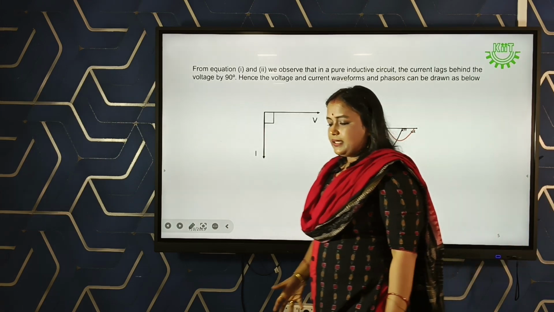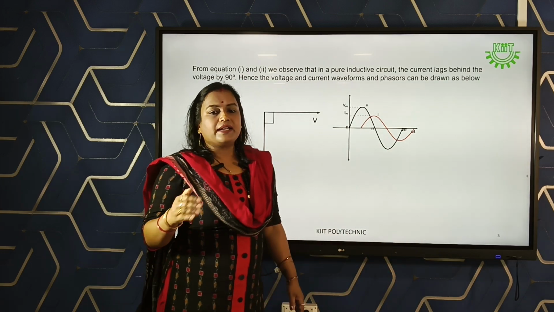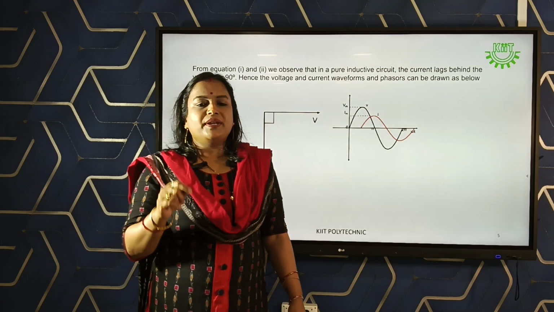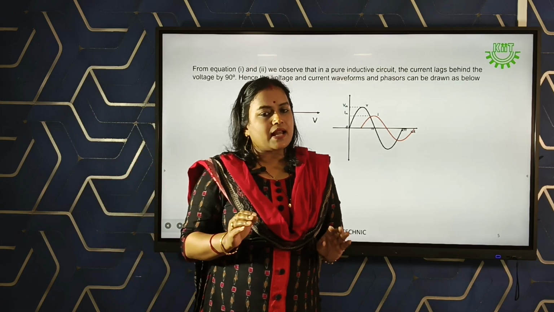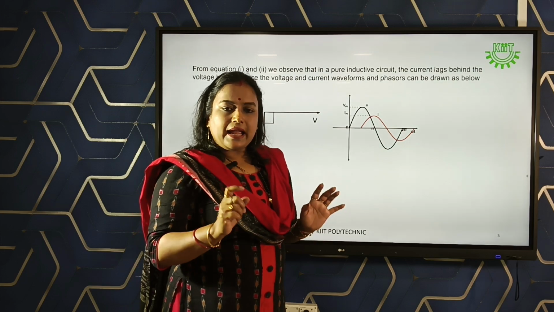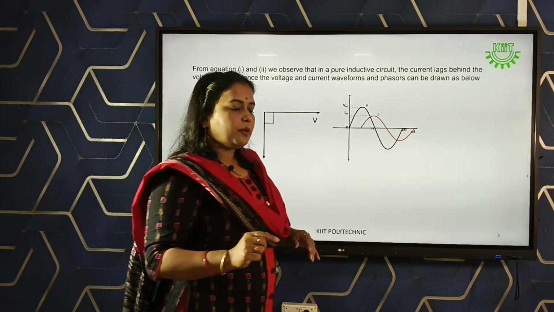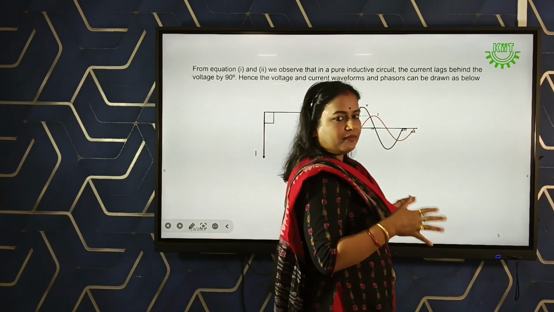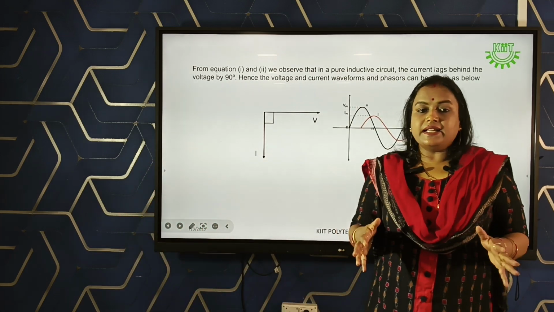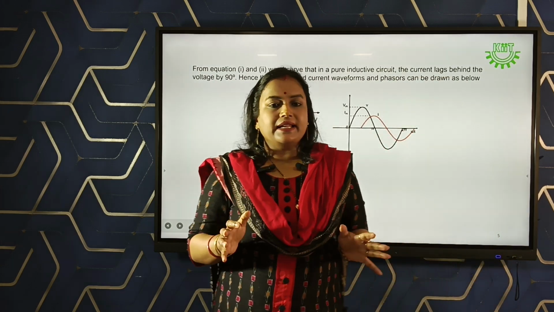As I told you in the previous slide, there is an angle difference of 90 degree. V is represented by Vm sin omega t, but current is represented by Im sin omega t minus 90 degree. Always remember, in previous classes I explained leading and lagging. Minus always means lagging.